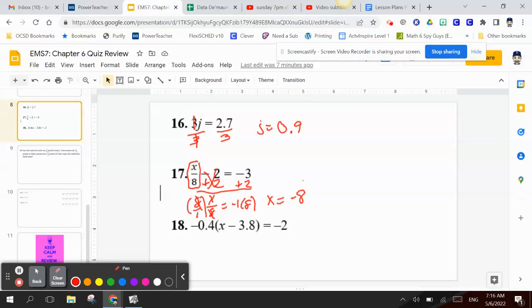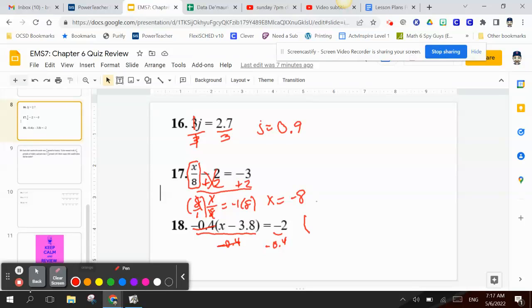Number 18, I have negative 4/10 times the quantity of x minus 3 and 8/10 equals a negative 2. So if I divide each of these by a negative 0.4, the 0.4 cancels each other out.